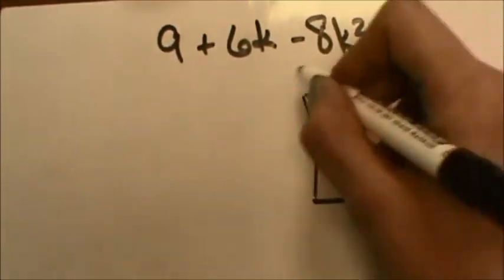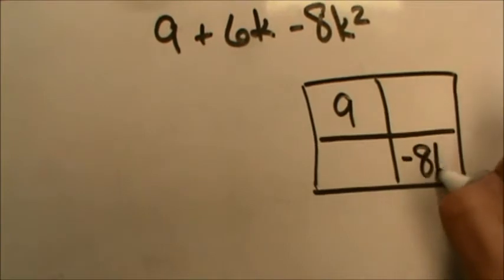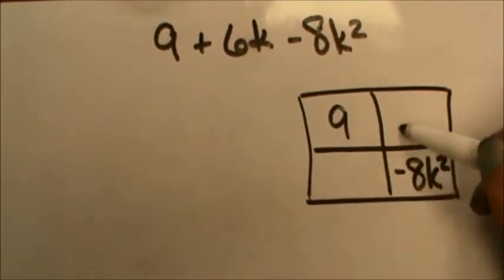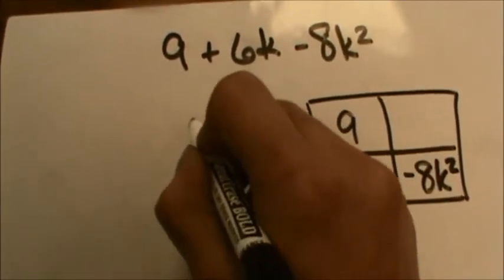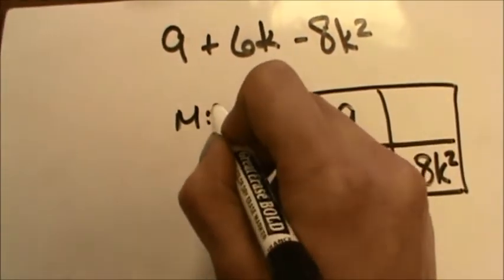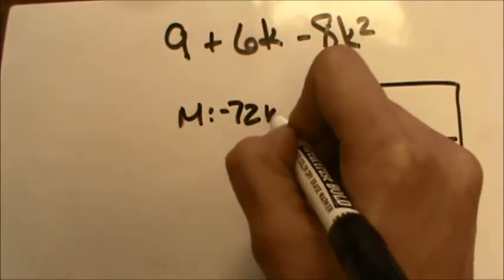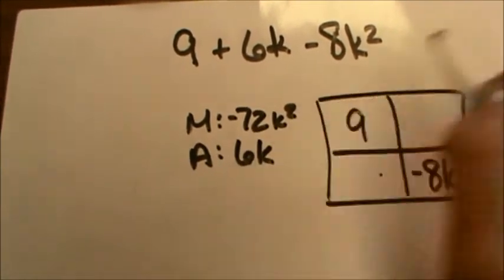So I know whatever terms I multiplied up here, I got a 9 on this one and a negative 8k squared on this one. Problem is, what are these 2 that they add up to be 6k? So now I need to consider what multiplies to be negative 72k squared and adds to be 6k.